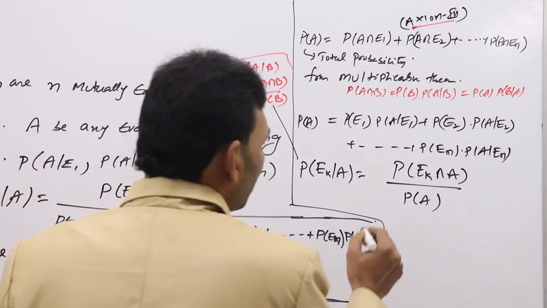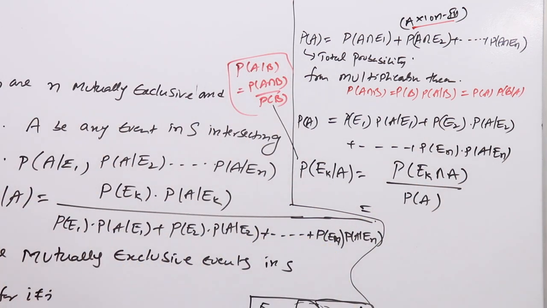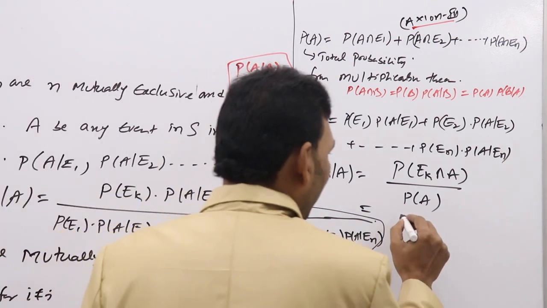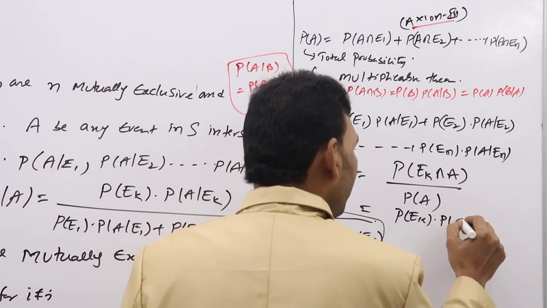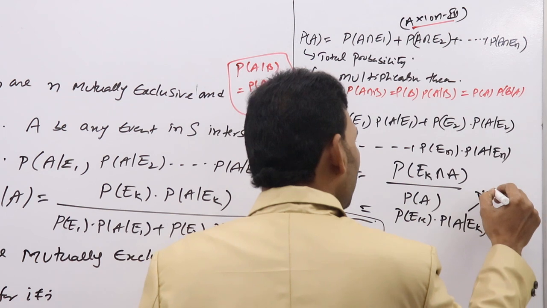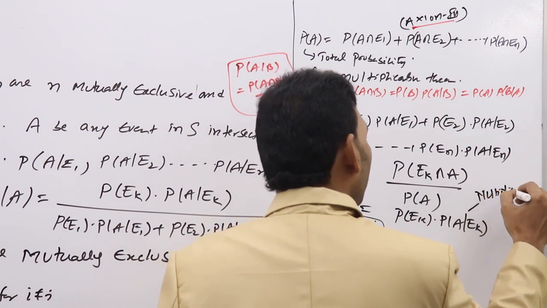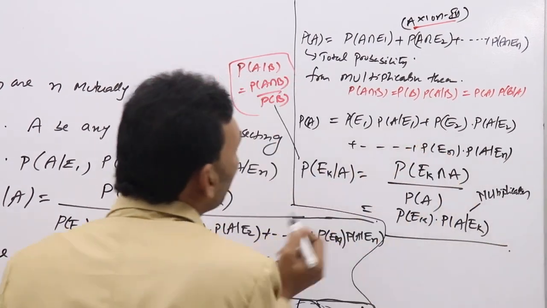Now using the multiplication theorem on probability, probability of Ek intersection A can be written as probability of Ek into probability of A given Ek.